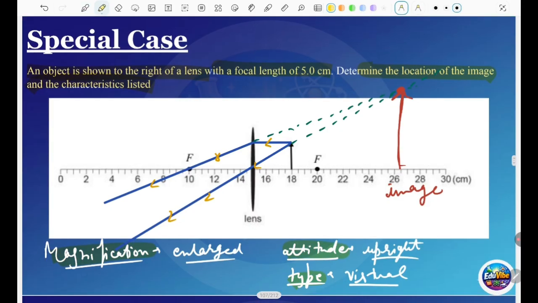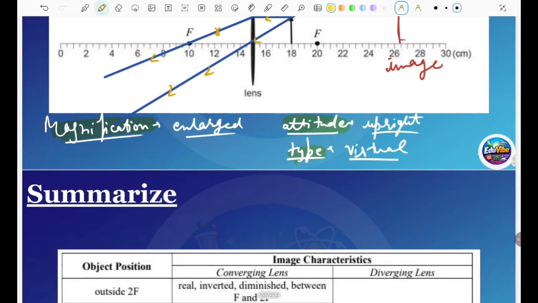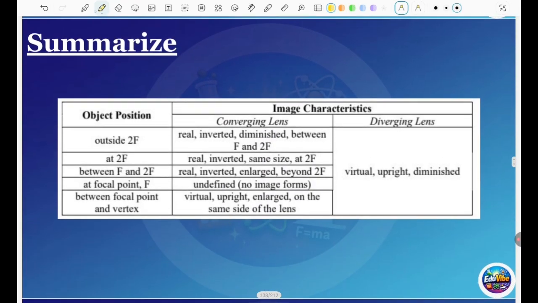So that's how you have to do it. It's the same kind of thing you did with the mirrors, but there are different rays you have to follow. The three rays are different and the lenses are different. Just do the same thing. We have one special case in that, and one special case in this. The mathematical analysis is all the same thing. You will get the summary of all this, where you get the objects.